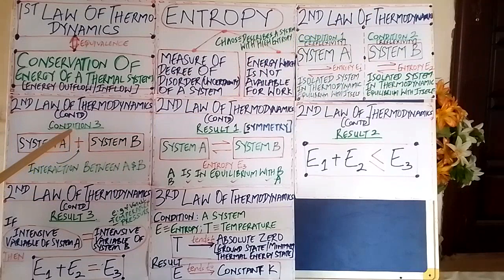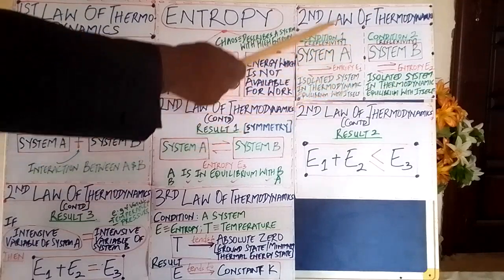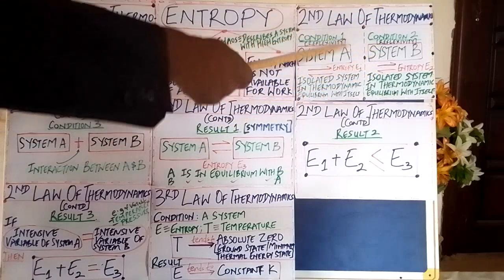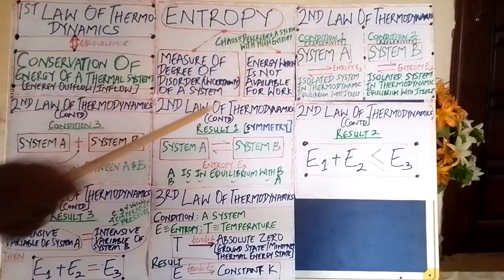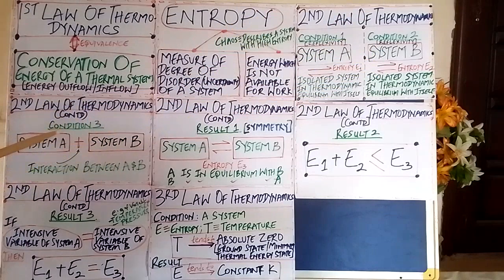So we have used this plus to show that system A interacts with system B. Here, there was no interaction at all. They were just existing in isolation on their own. But here, we decide that A and B interact together. We make that condition 3.